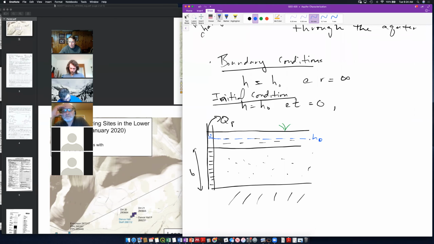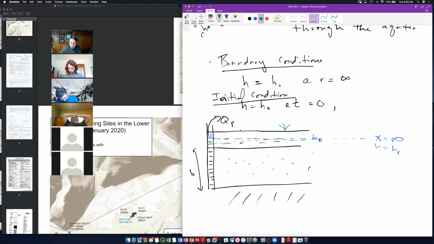At x equals infinity, my head will be constant in my aquifer, at H naught. Sometime after I initiate pumping, I drop the water level here, and I've got this cone of depression.